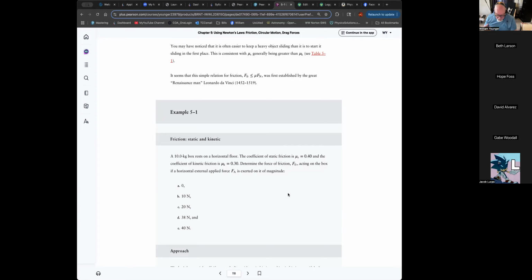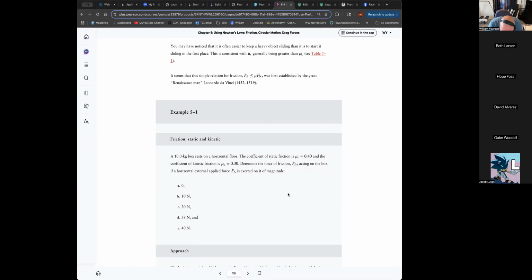Because remember, the graph up there shows that the force you apply is equal to the static friction up to some maximum value. So 0 is clearly way below that maximum value, so the friction force is going to be 0.